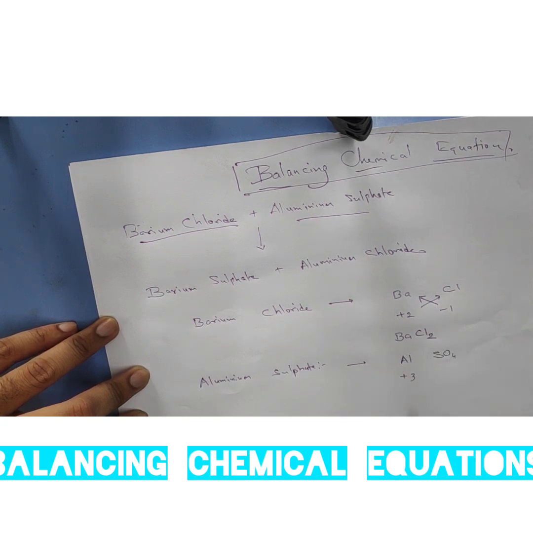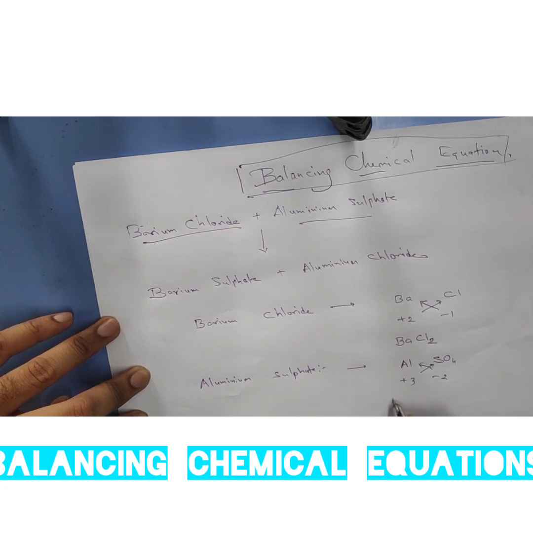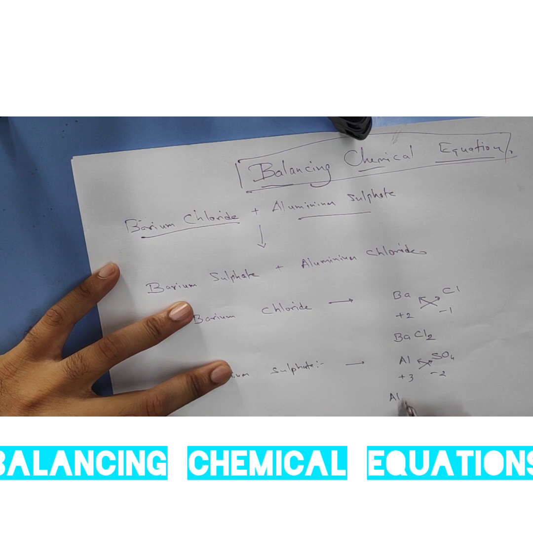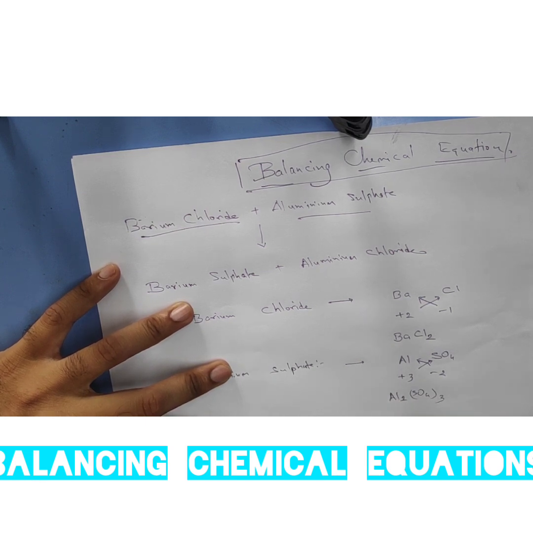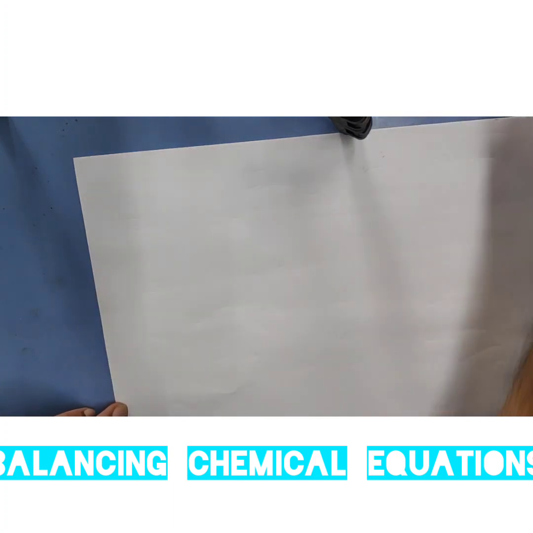Sulfate is a polyatomic ion which is SO4 -2. Crisscross, your product will be Al2(SO4)3. Done. These are the two things which we have done. Now let's go for the other one.